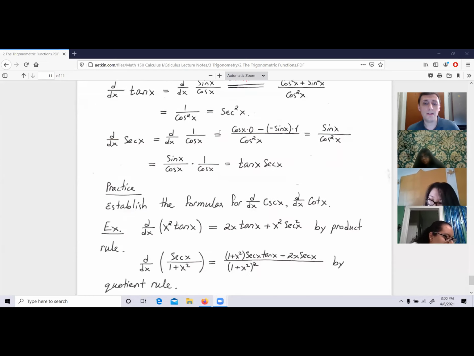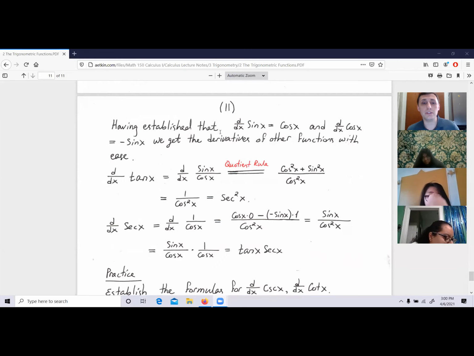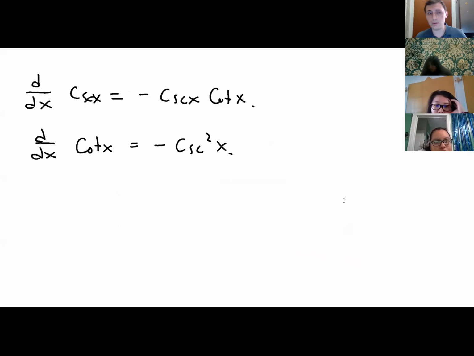Good. So we have established several derivatives. Let's write them all together, guys. Just write for yourself. First, the derivative of sine x is what? Remind me, please. Very good.